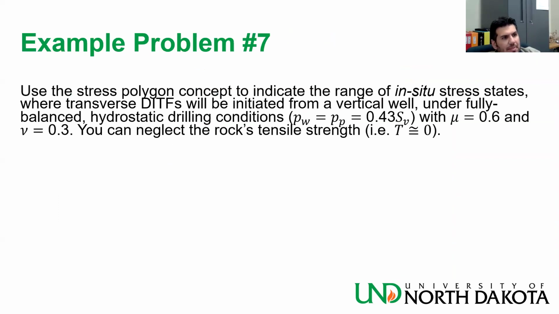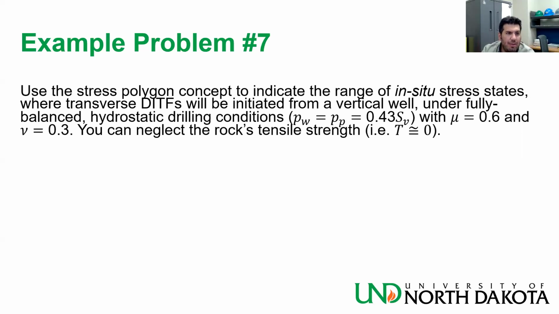Now, example problem number 7. Use the stress polygon concept to indicate the range of in situ stress states where transverse DITFs will be initiated from a vertical well under fully balanced hydrostatic conditions, where PW is equal to PP, which is equal to 0.43 SV, with mu equal to 0.6 and Poisson's ratio nu 0.3.